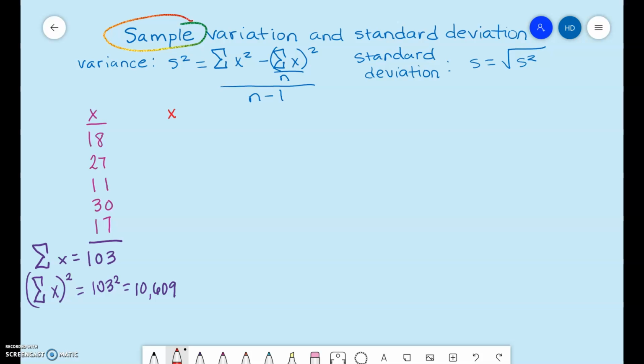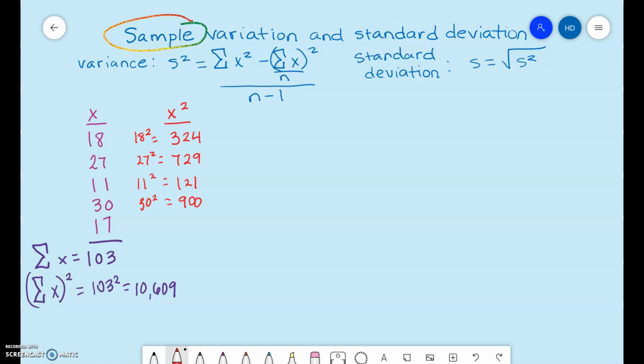Now we're going to sum our x squares, but before we can sum those, we have to square our x's. So you're going to do 18 squared, which is 324. You're going to do 27 squared, which is 729. 11 squared, which is 121. 30 squared, which is 900.